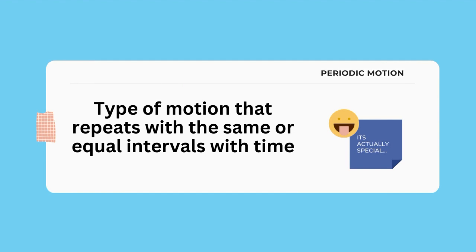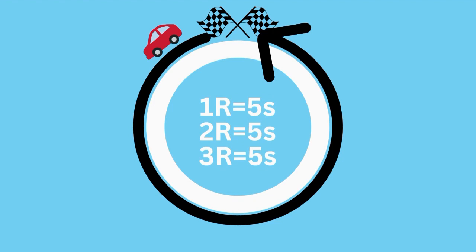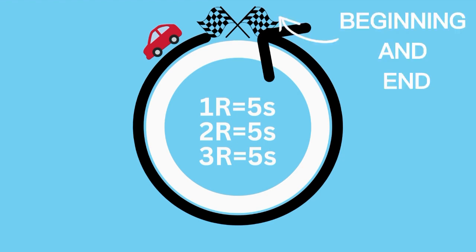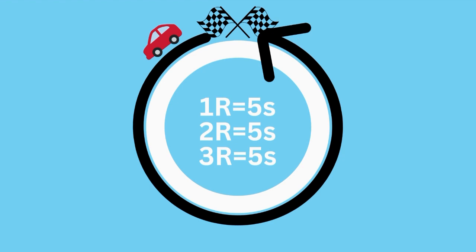Let's look at this example here. We have a circle, and a car moving from this point, going around. We can see this point here is the beginning and the end of the path on which the car is moving. So the car moves from this point and comes back to this point.